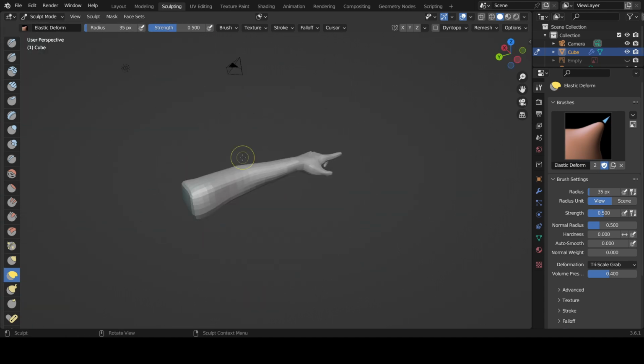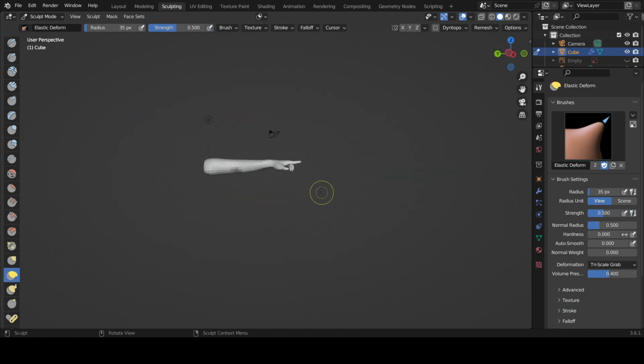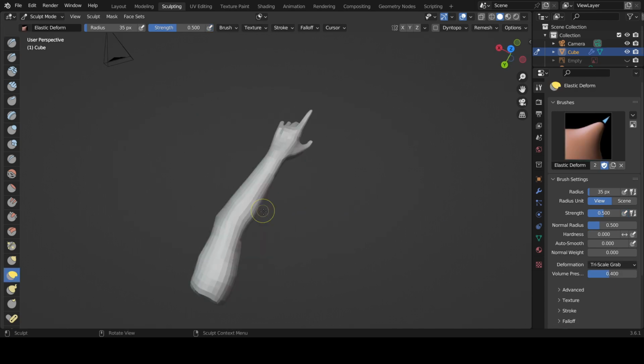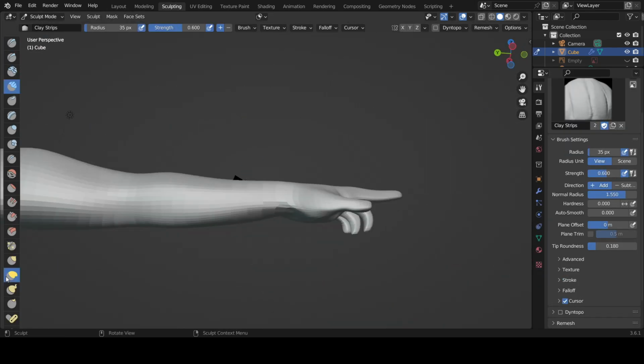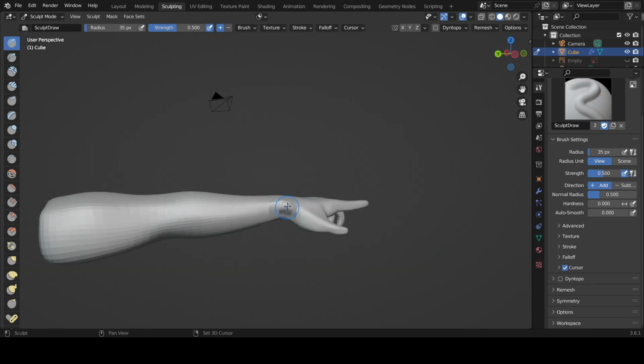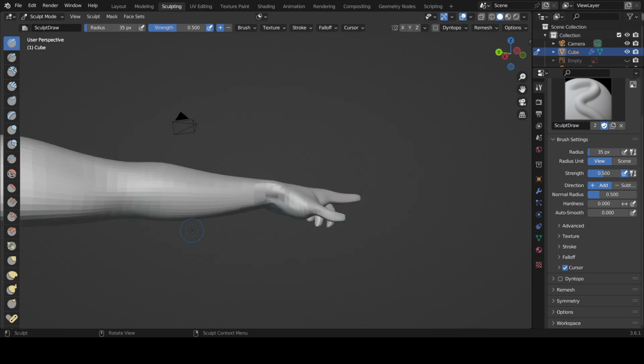So if we see something that's even slightly off, like a few fingers are too big, or the hand is too fat, or it's the wrong shape, then it triggers something in our brain like this isn't right.